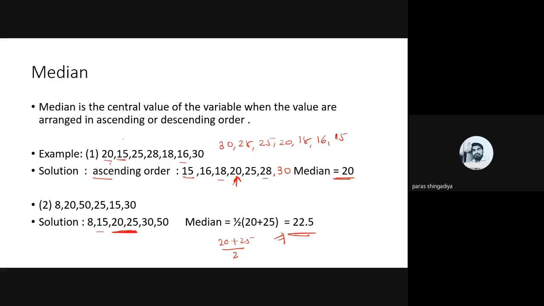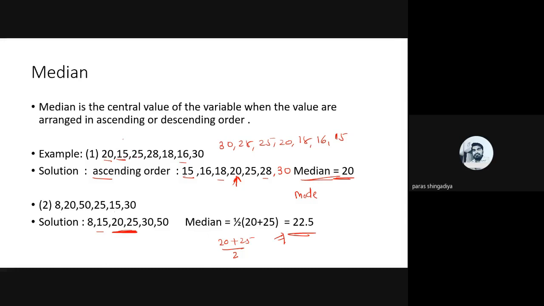Now we can combine all these concepts. We can include mean, median, and mode, and create an example such as: find the median, mean, and mode of this given data. So here the median is equal to 20. Now let us decide the mode for this example. Which term will be the mode?